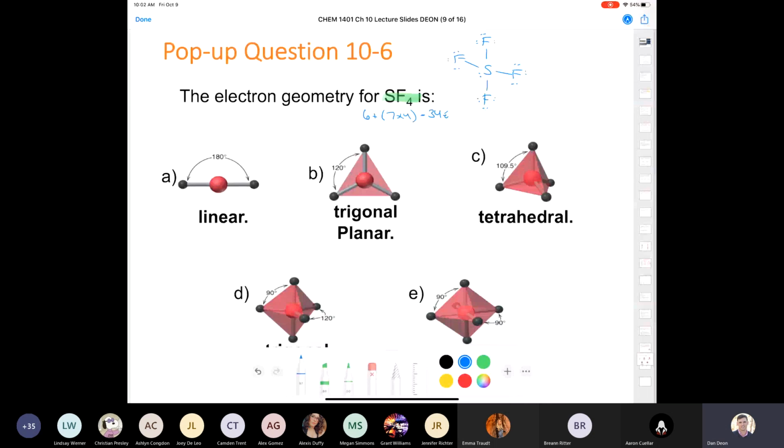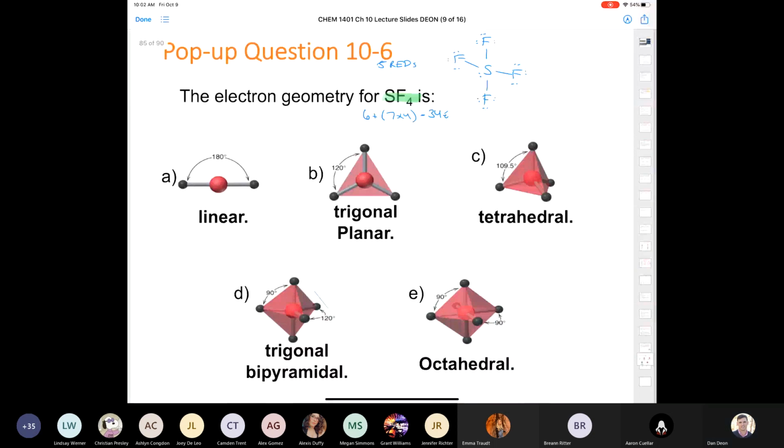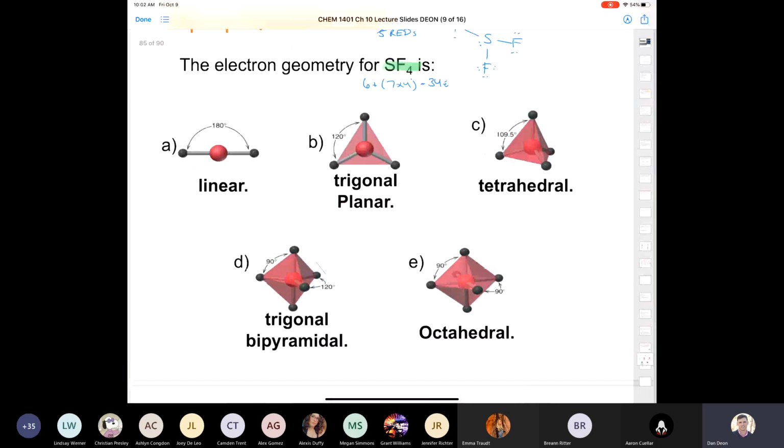That means that I've got 5 regions of electron density, and one of them is a lone pair. If I have 5 regions of electron density, I think of my electron geometry being trigonal bipyramidal. And so the answer is D. Now, the molecular geometry, and this isn't asked for, would be seesaw, right?